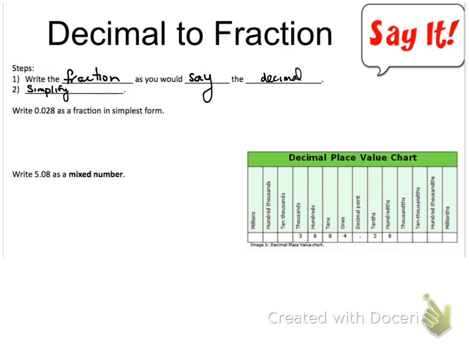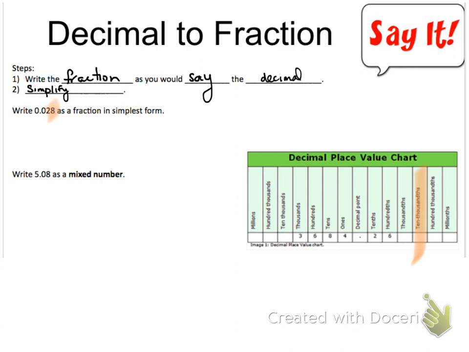So it says write 0.028 as a fraction in simplest form. And I have our handy dandy decimal place value chart. So to say this decimal properly, you need to look at the last place value. In this last place we have our 8, which is in the thousandths place.